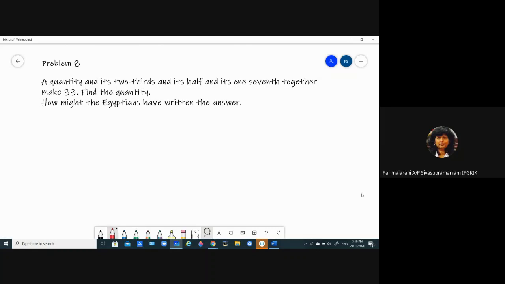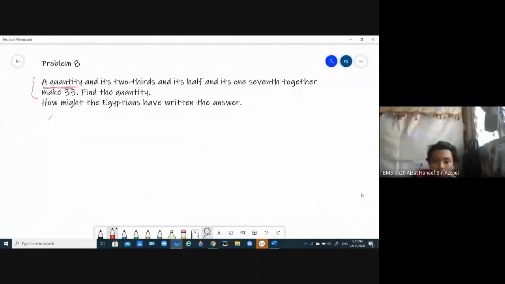A quantity and its 2/3 and its half and its 1/7 together make 33. Find the quantity. So we want to change this into a mathematical sentence so that we can find the answer. What is a quantity? How can we represent a quantity? X. Yes, very good.